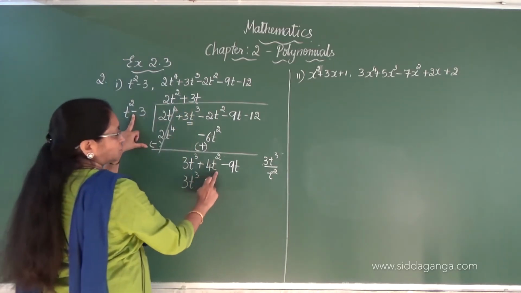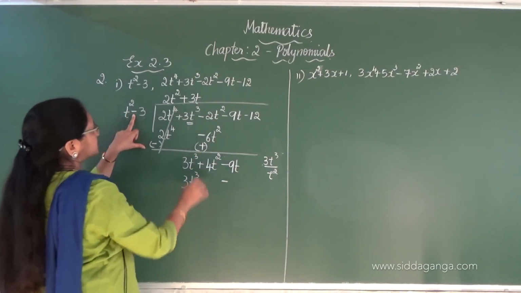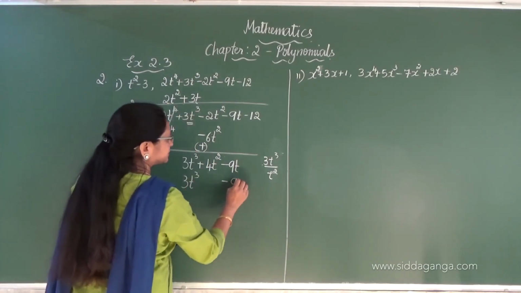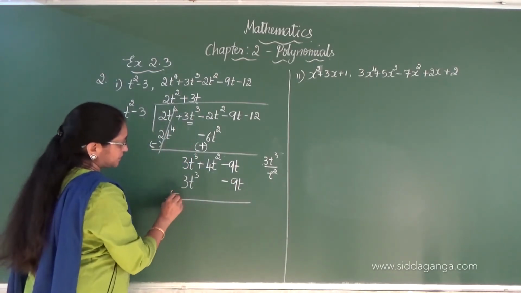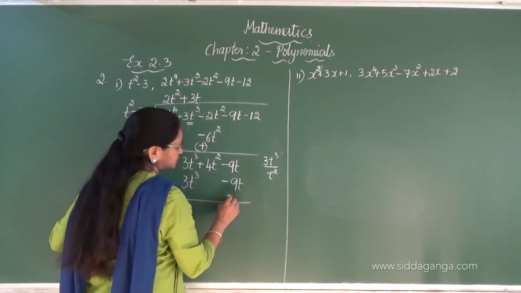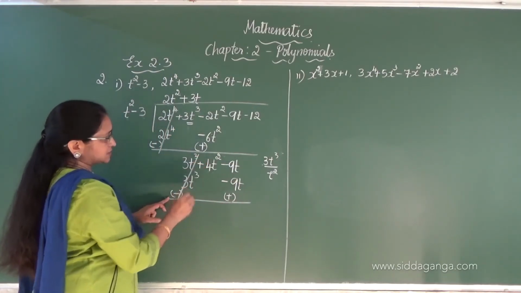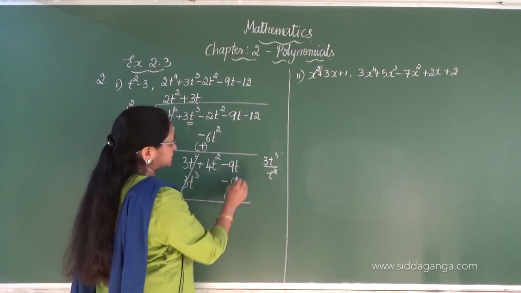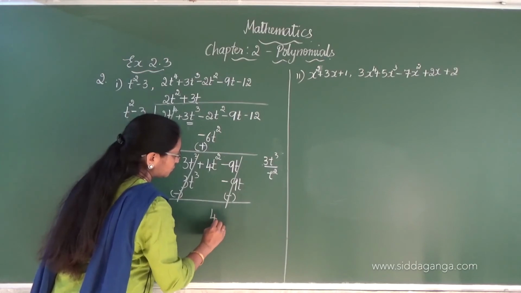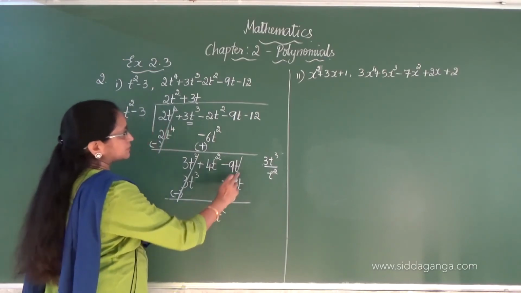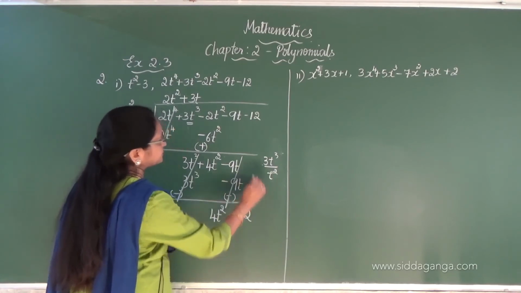So here 4t square, under this you can't write anything. So here you write minus 3 threes are 9t. Now again change the sign, minus and here plus, and here you can cancel, minus 9t and plus 9t gets cancelled. What remains here? 4t square, then one more term is there, minus 12.